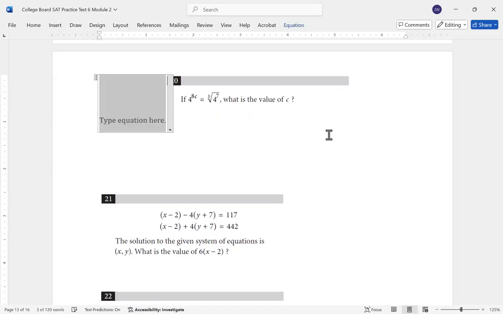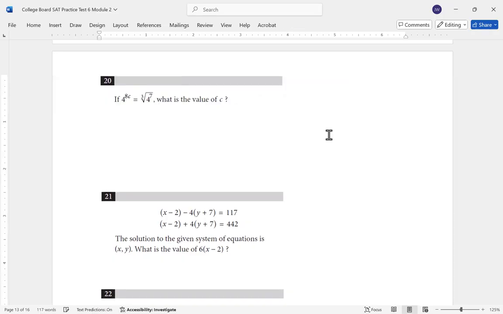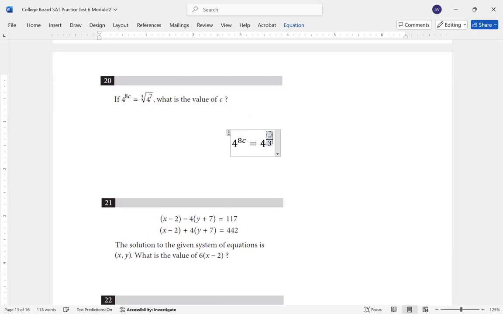The goal here is to write that right-hand side as 4 raised to a power. So what power do I choose? Well, this is a fact about cube roots. Cube roots are going to be third fractions.